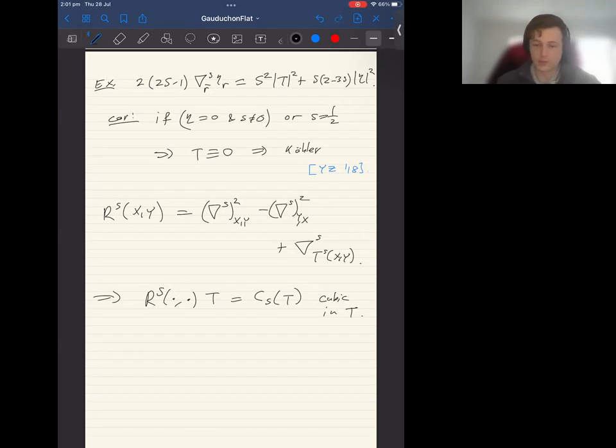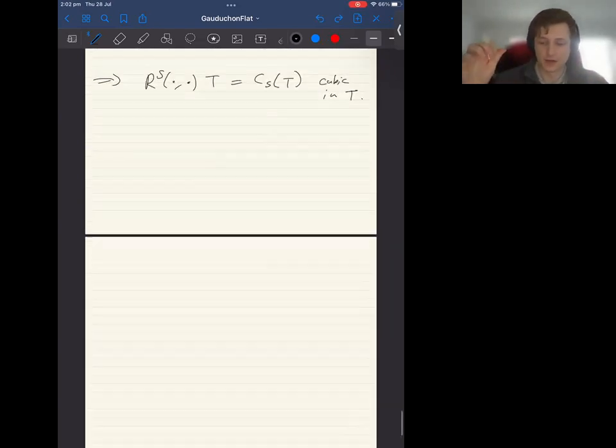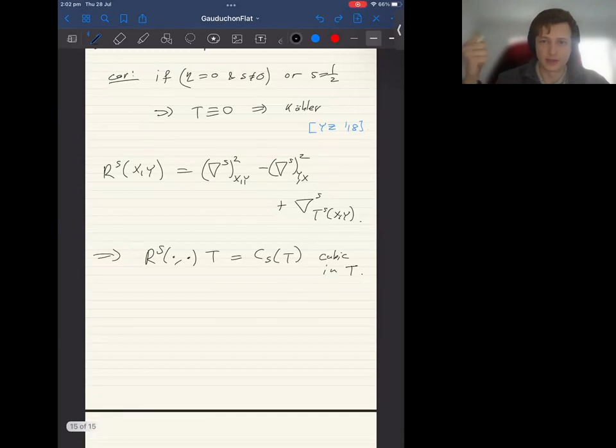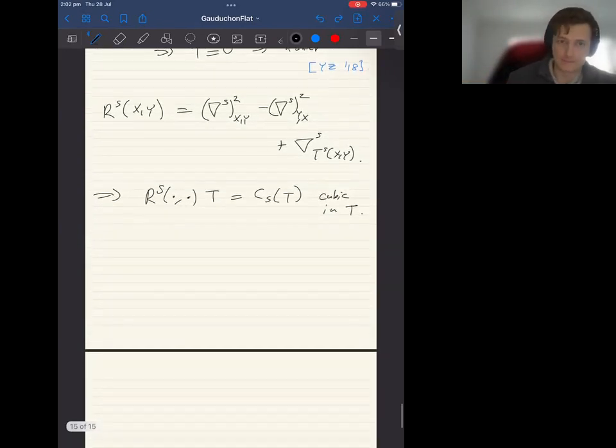It's cubic because we're taking second derivatives of T and we're applying the product rule. Well, it's not nice. This is quite lengthy, when we do these computations, they're very, very lengthy.